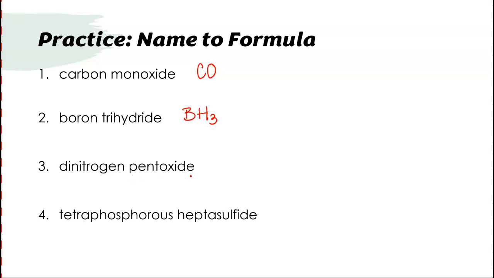Dinitrogen pentoxide, N2O5, and tetraphosphorus heptasulfide. So tetra means 4, phosphorus is a P, hepta means 7, sulfur is an S, so we would write P4S7.